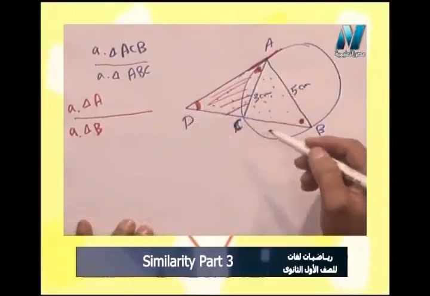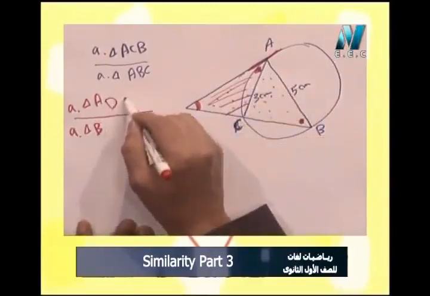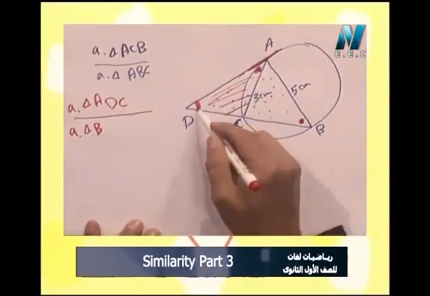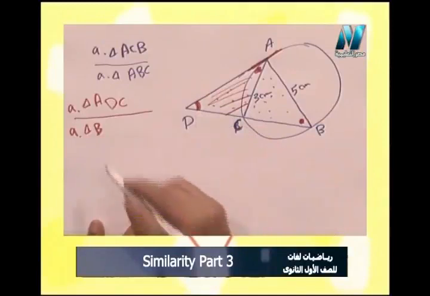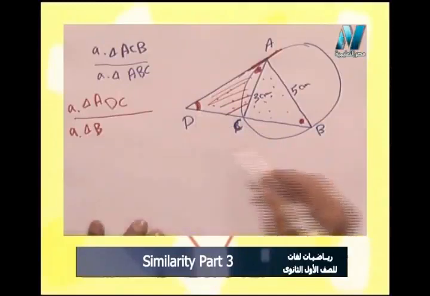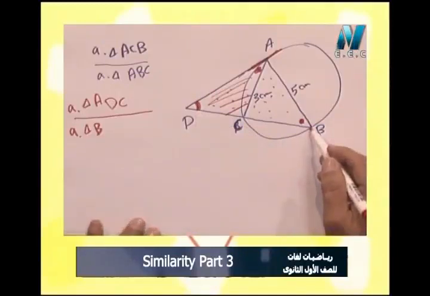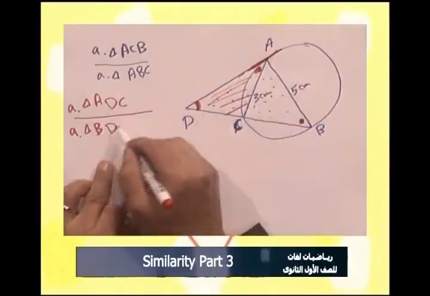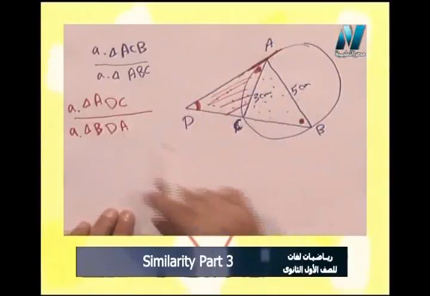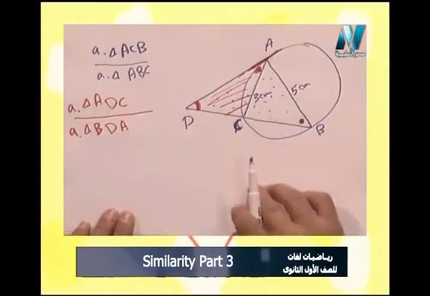ADC. Why D? Because it's a common angle. And this triangle will be BDA. The order is very important for us.